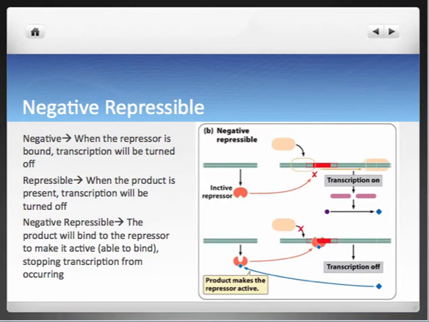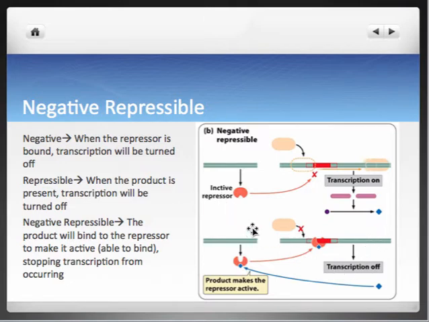Negative repressible. Again, we know negative means that we need to have the repressor bind to the DNA for transcription to be turned off. And repressible means that the product will actually stop transcription.